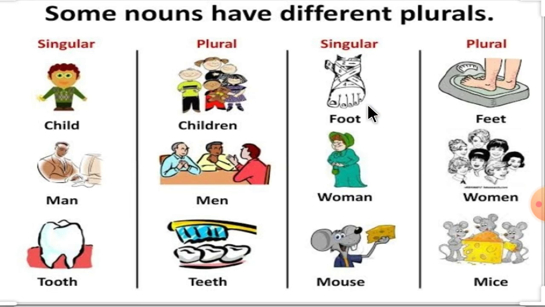Some nouns have different plurals. For example, child, children. Man, men. Only one letter is changed. Tooth, teeth.